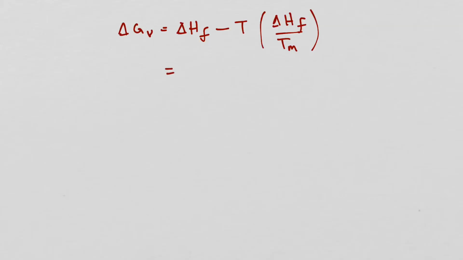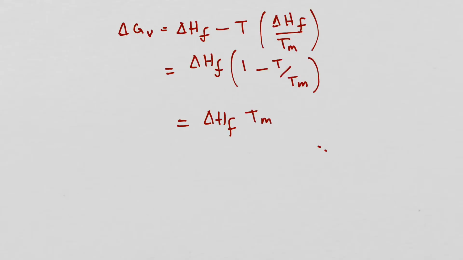Okay, and delta H_f times parenthesis 1 minus T over Tm. Okay, so that's where this equation comes from.